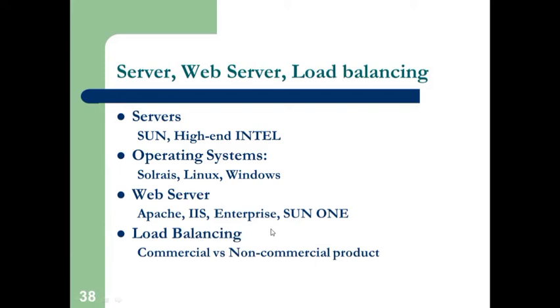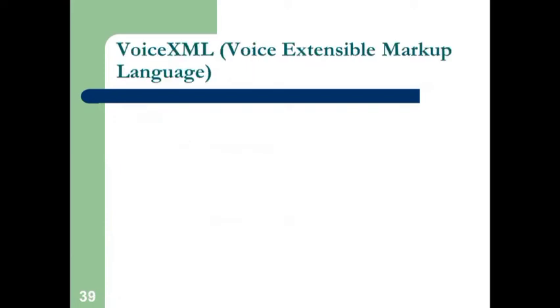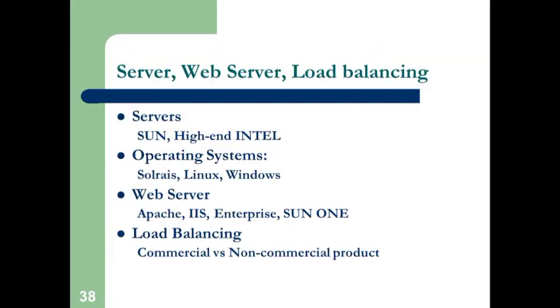Load balancing, commercial versus non-commercial products. Basically, you categorize all these things and access them accordingly, and buy the server space accordingly. If you have a commercial website, you will need more space to save your data on it.